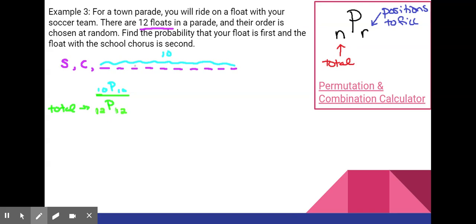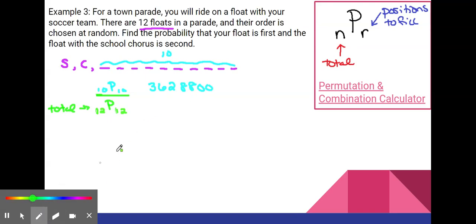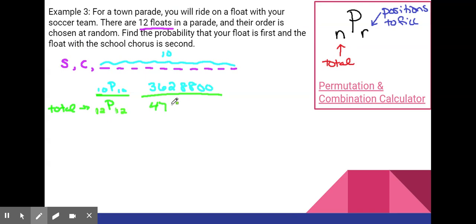So 10 pick 10 comes out to this very large number. And then 12 pick 12 is an even bigger number. And then all I would suggest you do with these is then put them in your calculator and divide them.